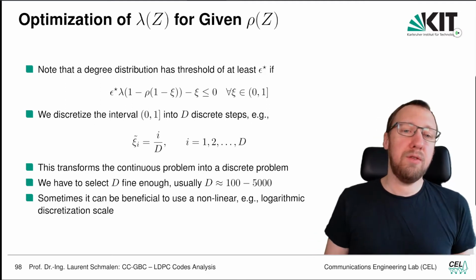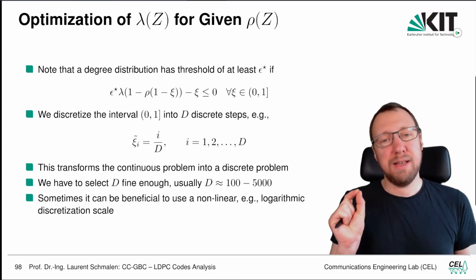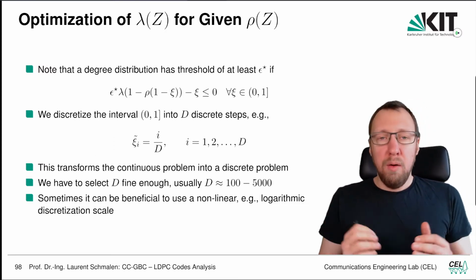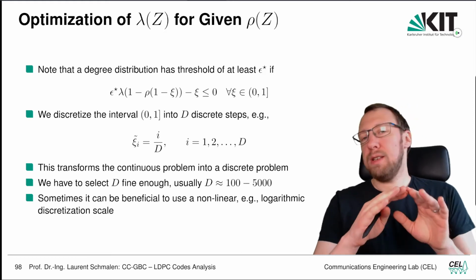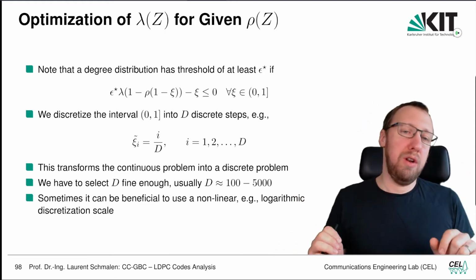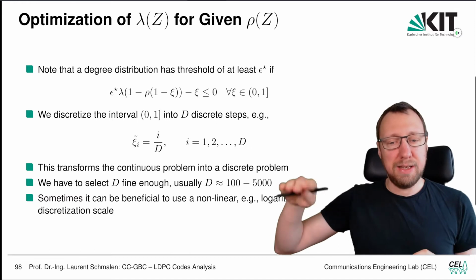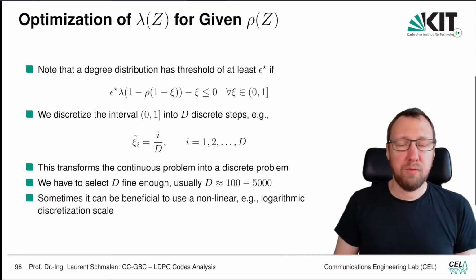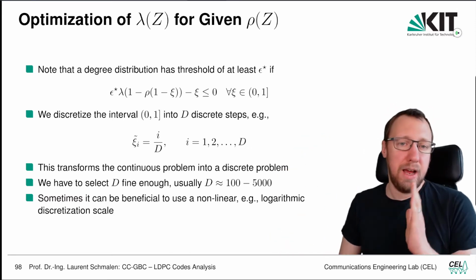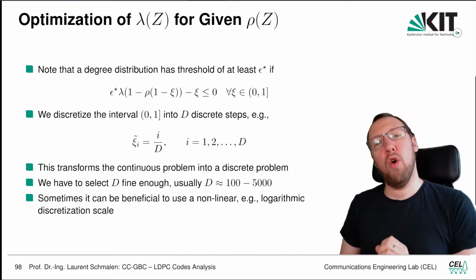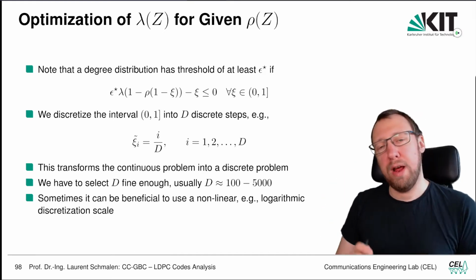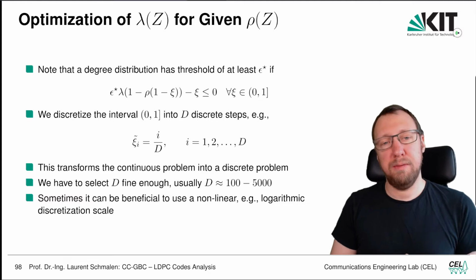So we would need to check this for infinitely many x's. But we know that this function is usually well behaved. It's a polynomial, so it doesn't change crazily. So what we can do is we can discretize and just look at discrete steps and hope we don't miss a point where it's not 0 between 2 points.